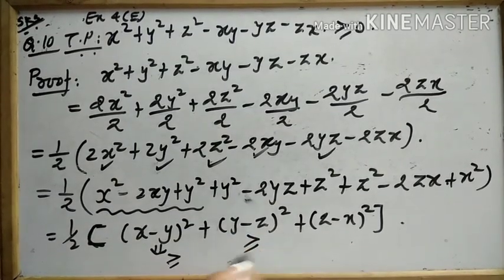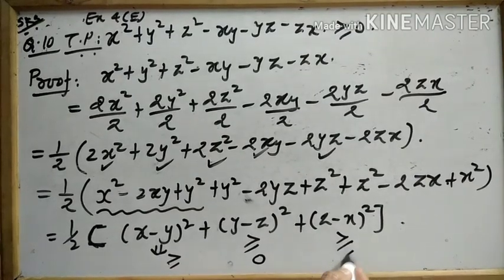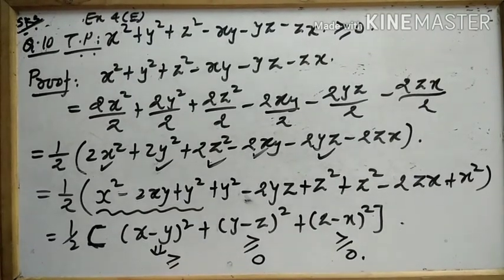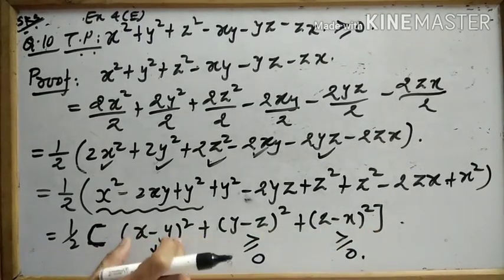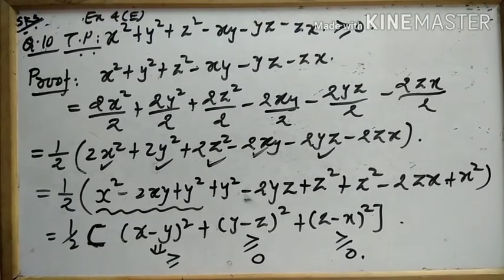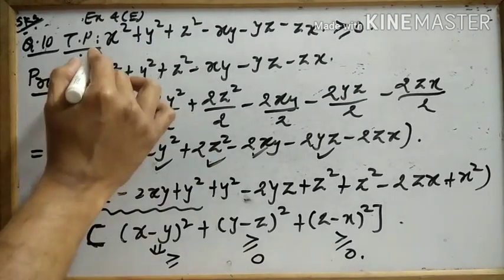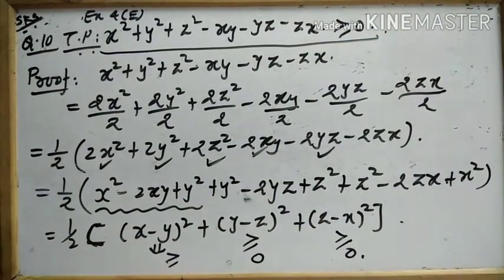This is the square of a number which is greater than or equal to 0. This is also the square of a real number which is greater than or equal to 0. So the sum of three numbers which are non-negative will be a non-negative number. Hence the thing which was to be proven, we have already proven.